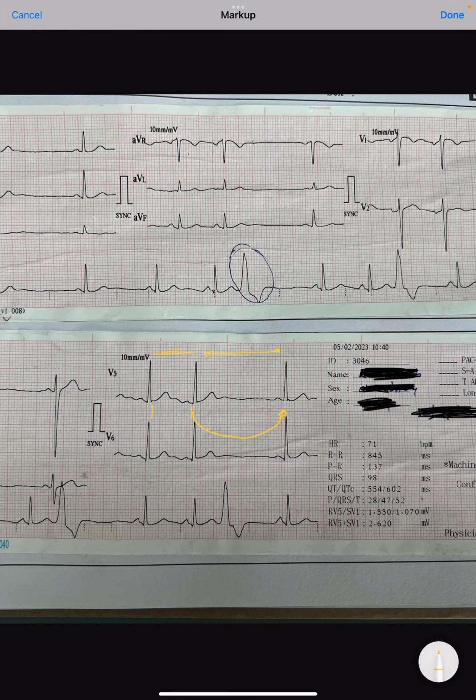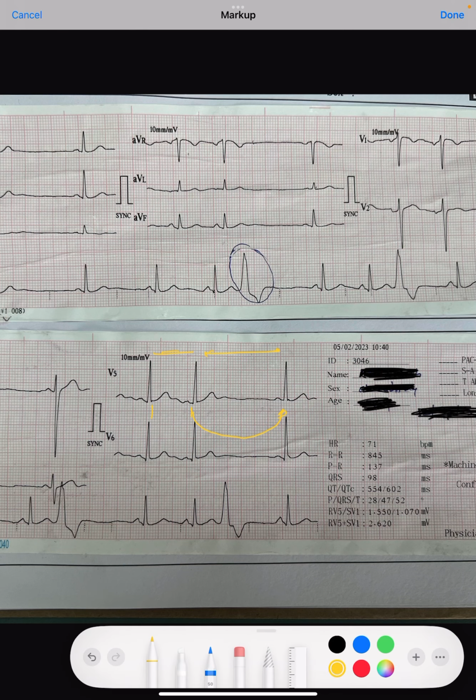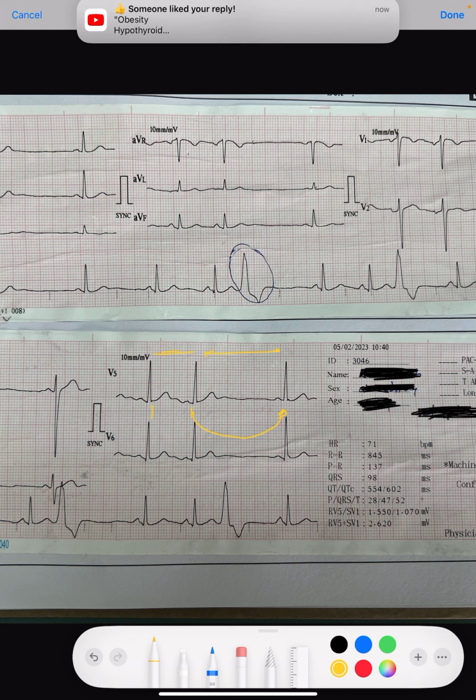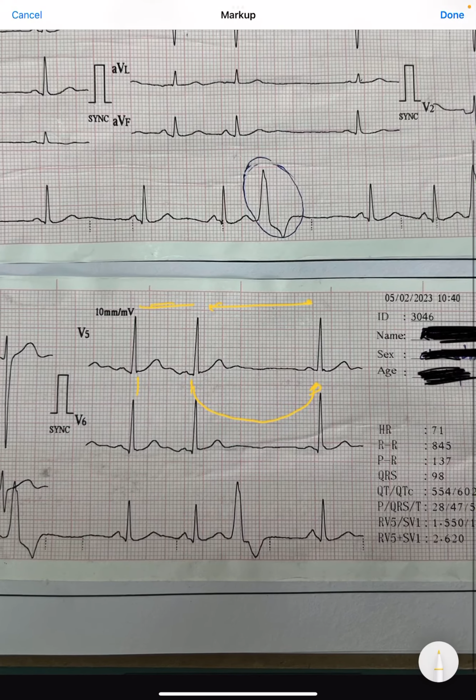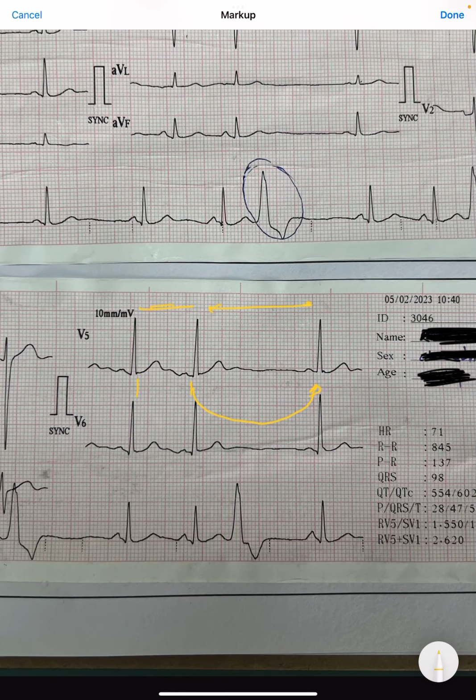So what is that? This condition can be sinus bradycardia, it can be complete heart block, it can be Mobitz 2 heart block. So we need to find whether this is a block or sinus bradycardia or something else. Now we know that if it is complete heart block, the heart rate has to be around 40.